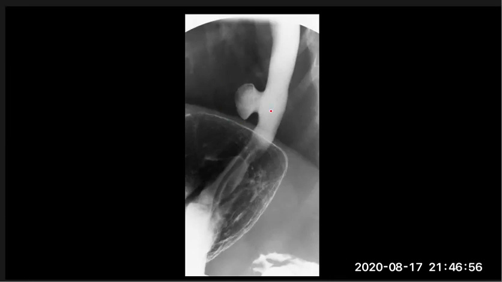Not all the layers of the esophagus are included in the diverticulum. In the traction diverticulum, it is a true diverticulum, and it includes all the layers of the esophagus.